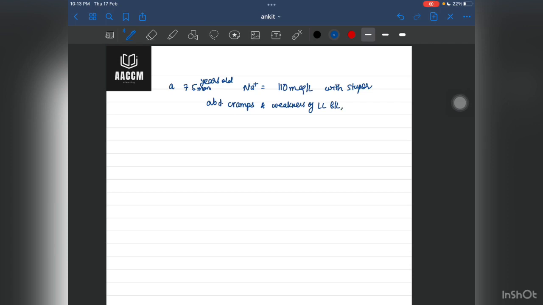Now the doctor who is treating the person concludes that the sodium needs to be increased by 4 milliequivalent per liter in 2 hours using 3% hypertonic saline. Now we have to remember how to calculate this.